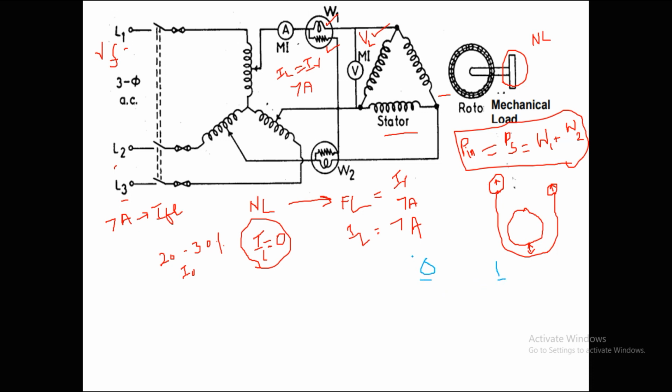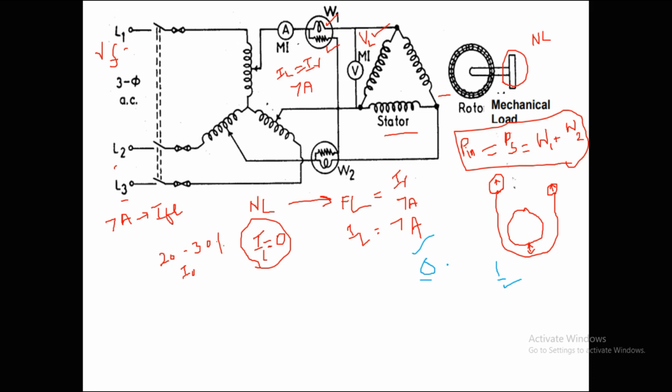If it is purely inductive, we can expect 0 power factor, or if it is purely resistive, we can expect unity power factor. But both these cases are not possible in the case of an induction motor. Even though it is highly inductive, it is not purely inductive, so we cannot expect 0 power factor in an induction motor.